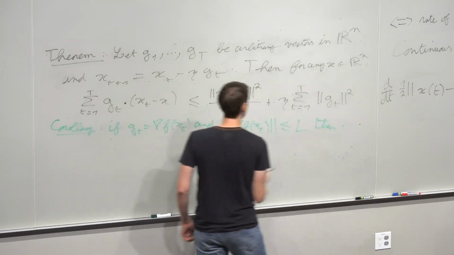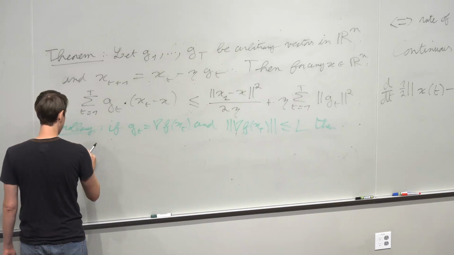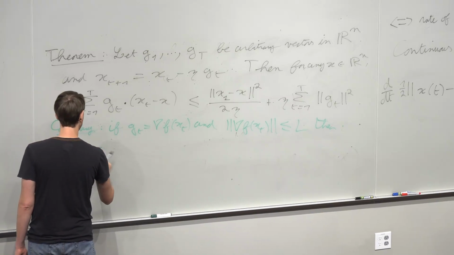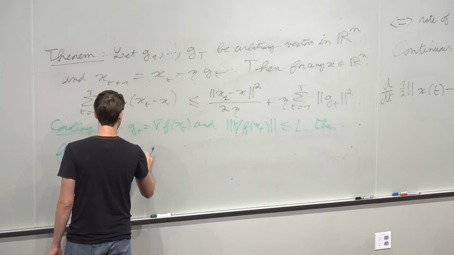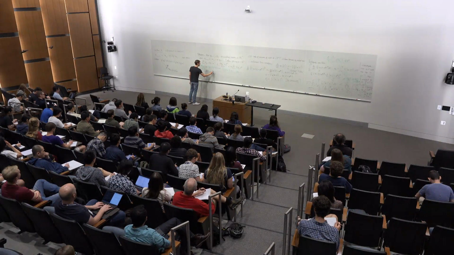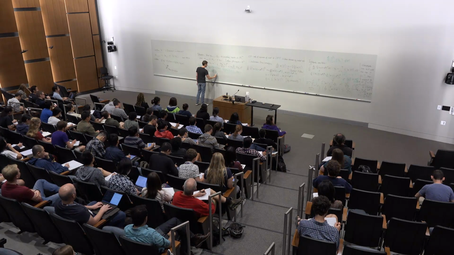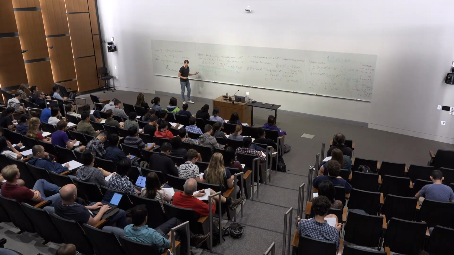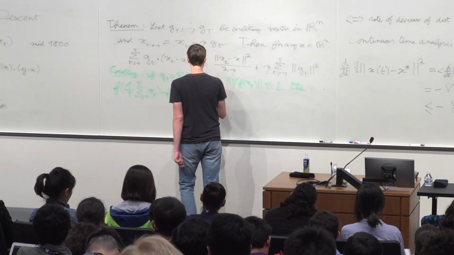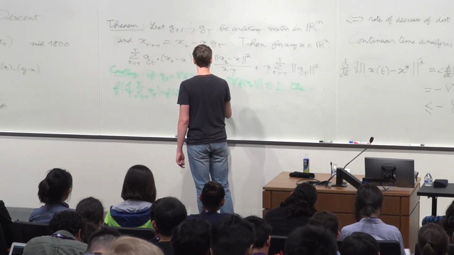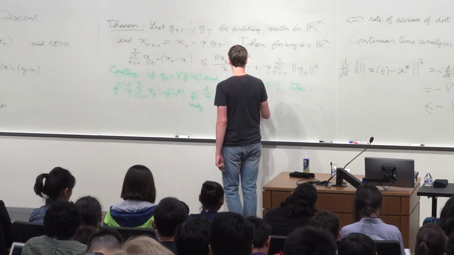We have that the value of f at 1 over T, the sum for t equals 1 to capital T of x_t, minus f of x star, is smaller by convexity than the average of those things, 1 over T, the sum for t equals 1 to capital T of f of x_t minus f of x star.